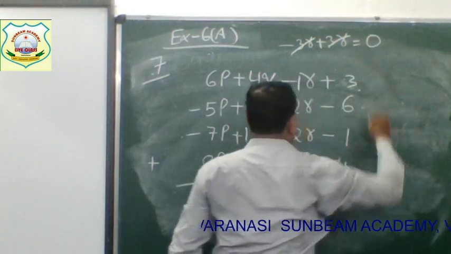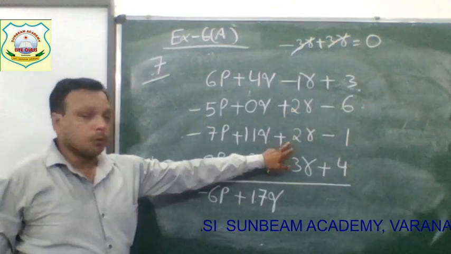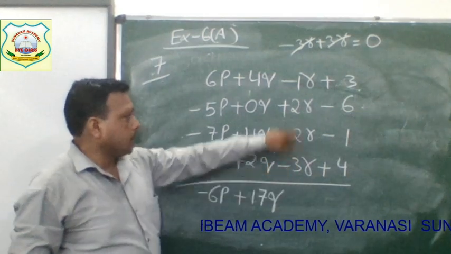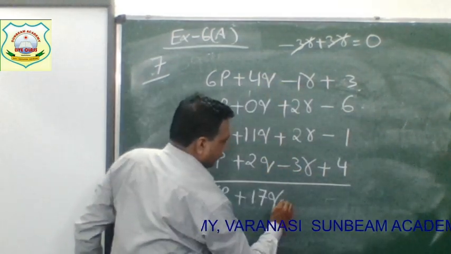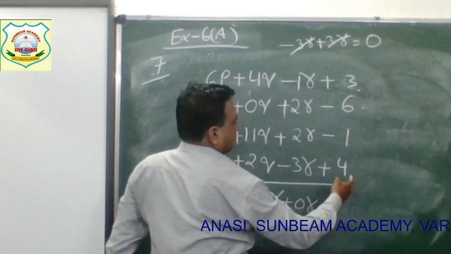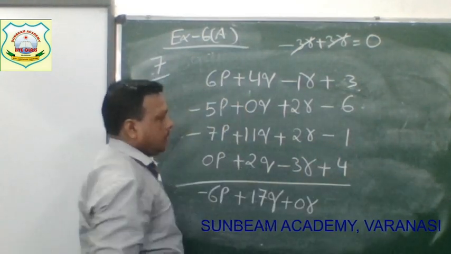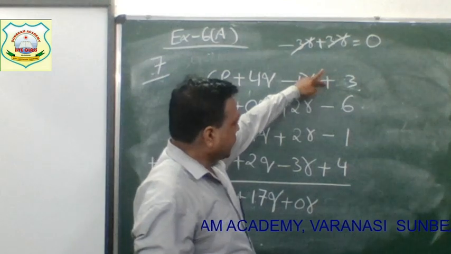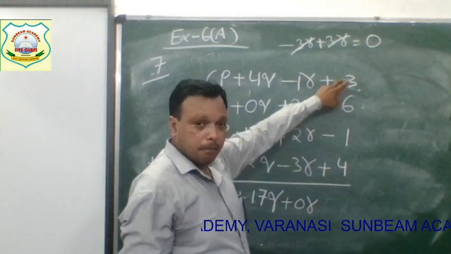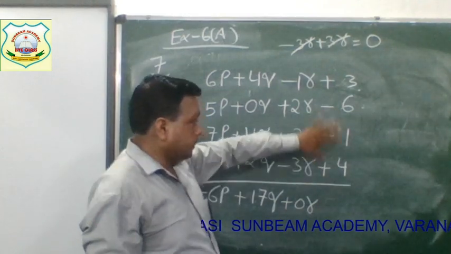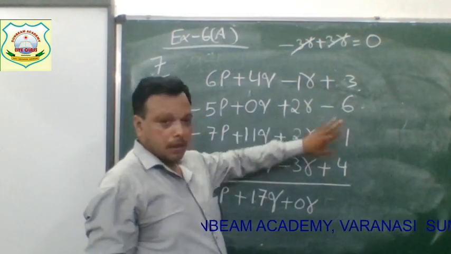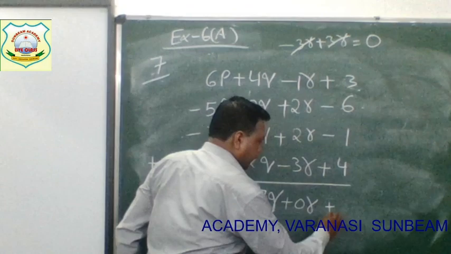Here we can see 2r plus 2r is 4r, minus 3r minus 1r is minus 4r, so the answer will be 0r. Plus 4 and plus 3, that is 7, minus 6 minus 1, this is also minus 7. Here also the same thing, plus 7 and minus 7. What answer will come? 0.